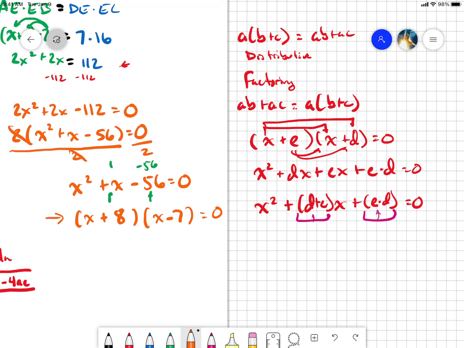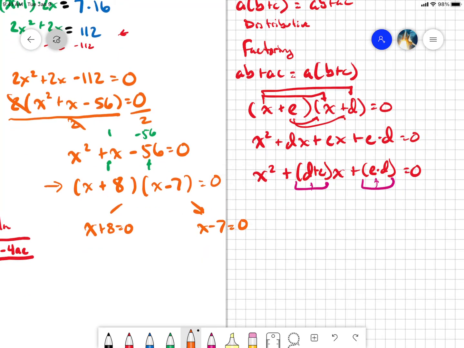If one of them or both of them are 0, I get 0, right? So that's the only way that can happen. So what that tells me is that either x plus 8 equals 0 or x minus 7 equals 0. Okay? Which tells me in order for this to work, either x is equal to negative 8 or x is equal to positive 7. Okay? So now we have two potential solutions.